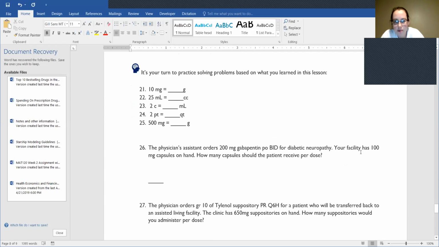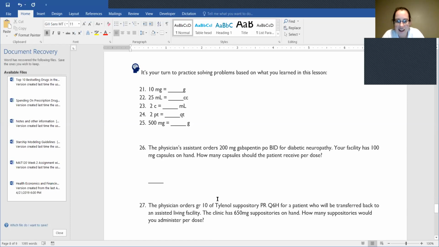So you have 100 milligram capsules on hand. All you need to know is DH is 100 milligrams and Q or V is capsule. So when you look at these things, don't get caught up.